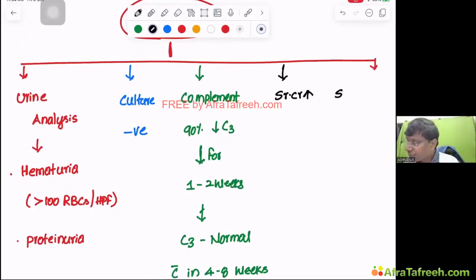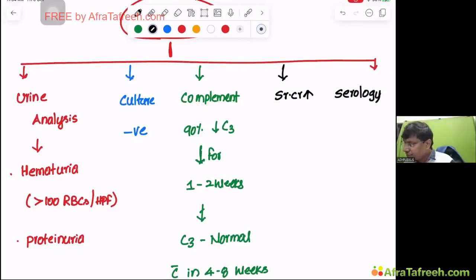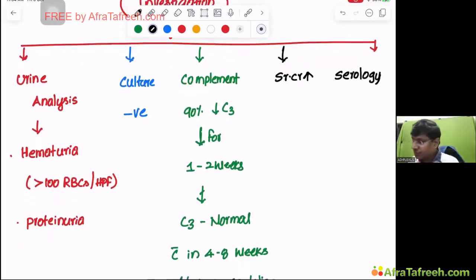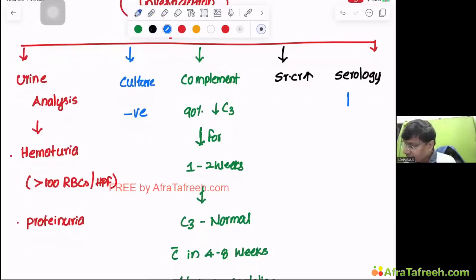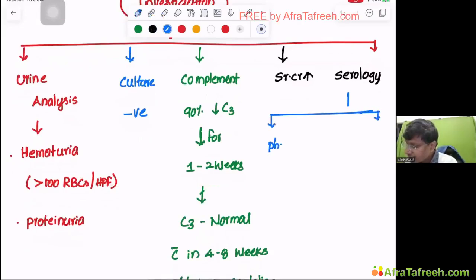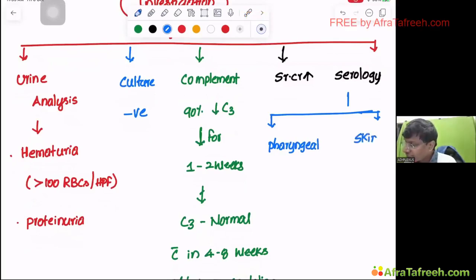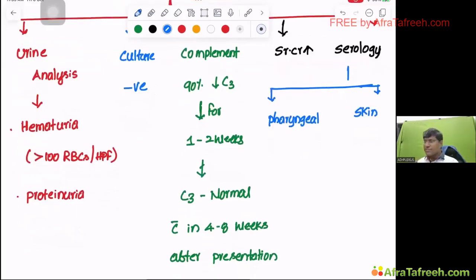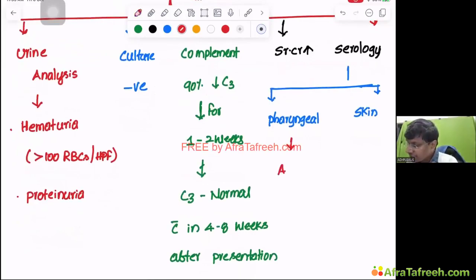Then you also need to test the serology. So if you do the serology, what do you need to check for? The antibodies. What will be the antibodies that will be formed in the pharyngeal infection? And what will be the antibodies that will be formed in the skin infection? The antibodies in the pharyngeal infection: the ASO titer is elevated, right?